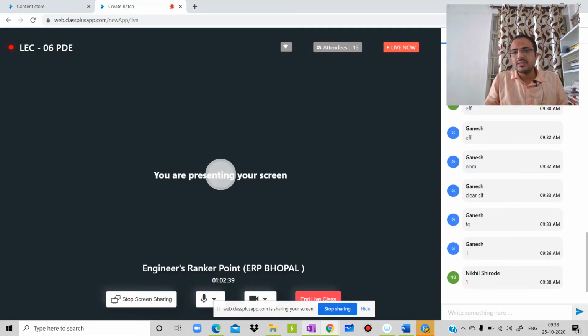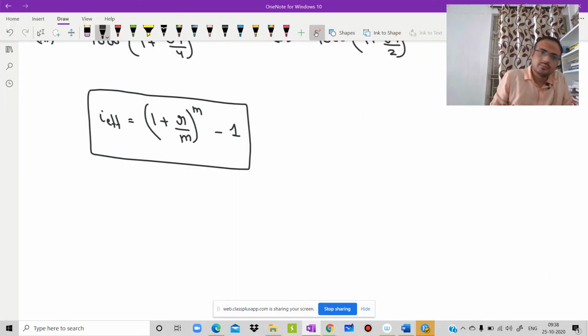First is the correct answer. Again, a very fundamental question. So you will calculate I effective is equal to (1 plus R) where R is 10% compounded quarterly, that is 4, divided by 4, minus 1.